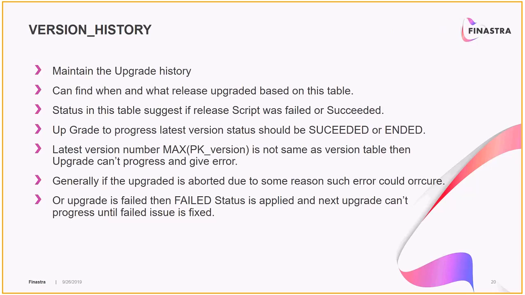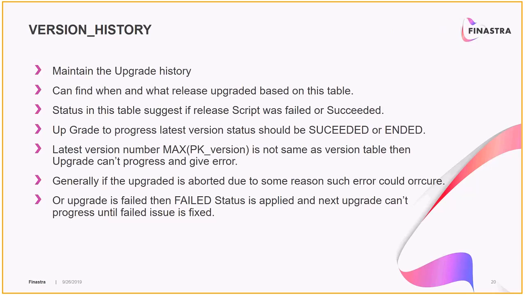Okay, so if the latest max PK version is not the same as the version table, then the upgrade cannot progress or gives an error. As we understood just now, if the latest max PK version is not the same as the version table, then it would give the error. Generally, if the upgrade is aborted for some reason, such an error could occur.